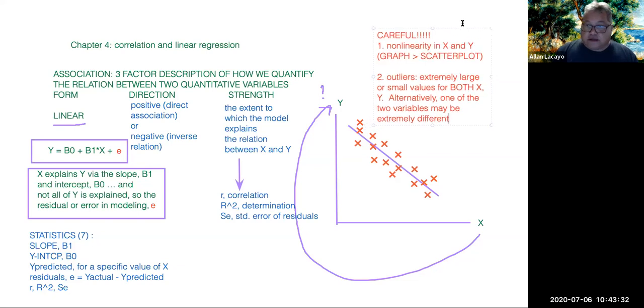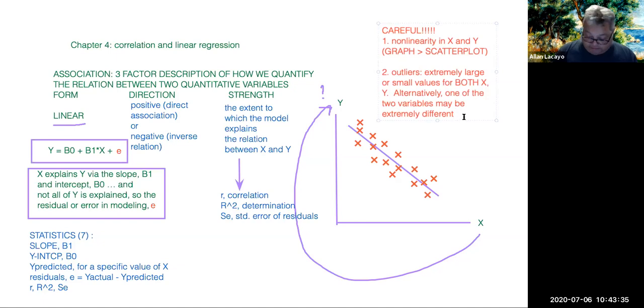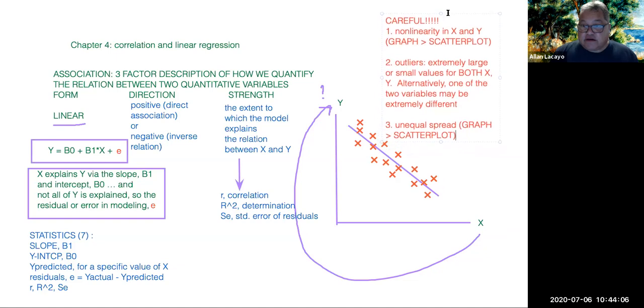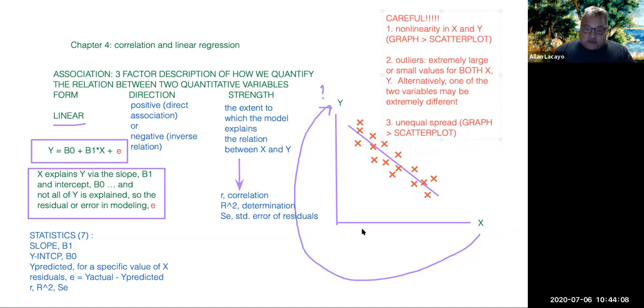So you have to be careful with outliers. You have to be careful with nonlinearity. And you have to be careful with unequal spread. So sometimes we don't have outliers, but what we do have is very, very different variations in Y for different values of X. And that creates a situation of unequal spread in which we use graphs. We use the scatter plot as a graph to check for unequal spread.